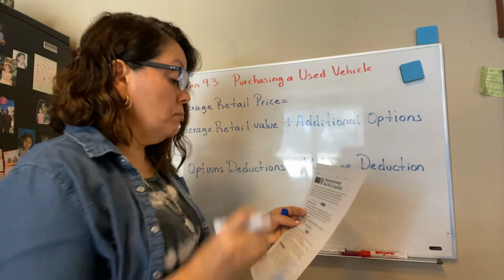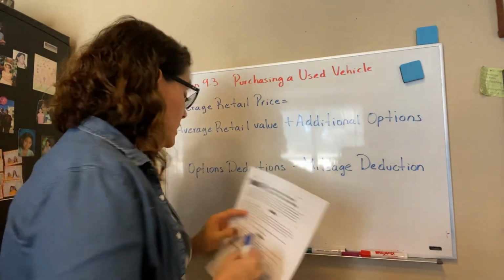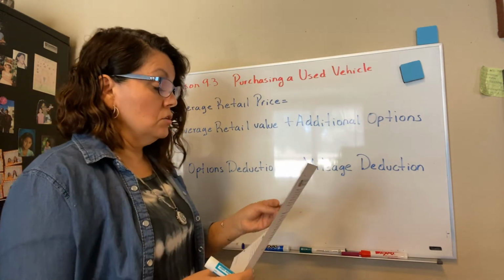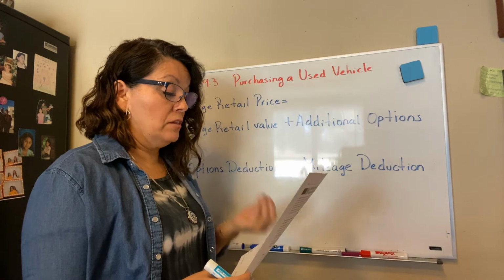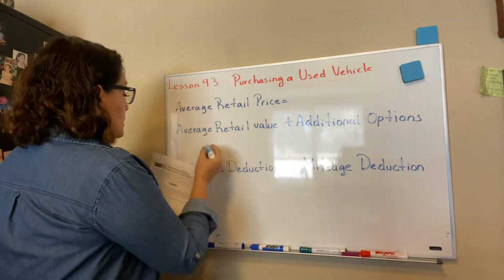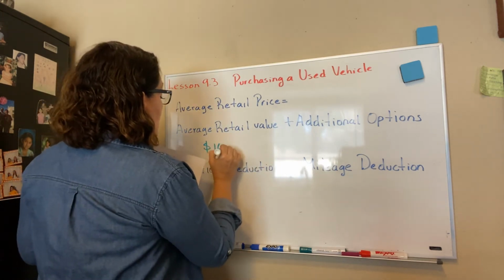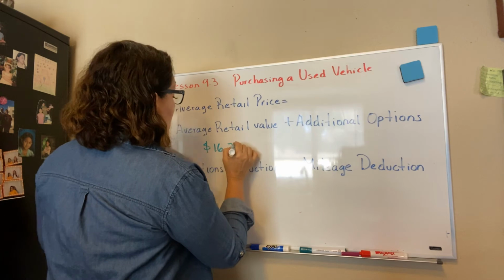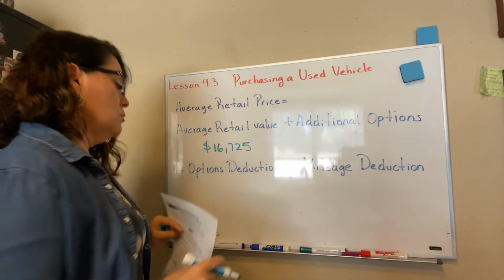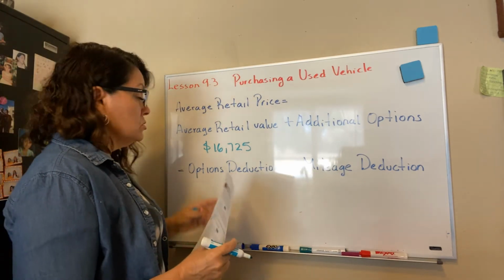So in the example, one is how much they advertise, and the other price is the average retail value. That is the one that we're going to use. The average retail value is $16,725. Do we have additional options? We do not. Do we have options deductions?